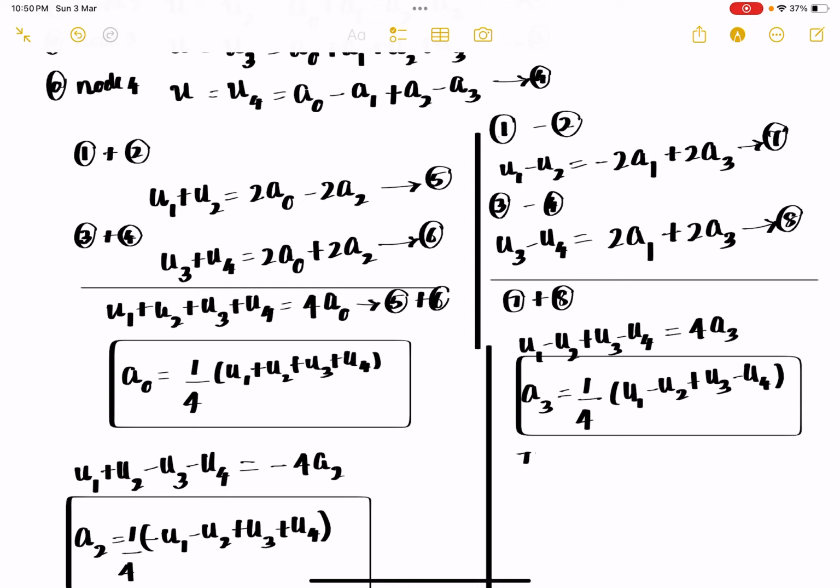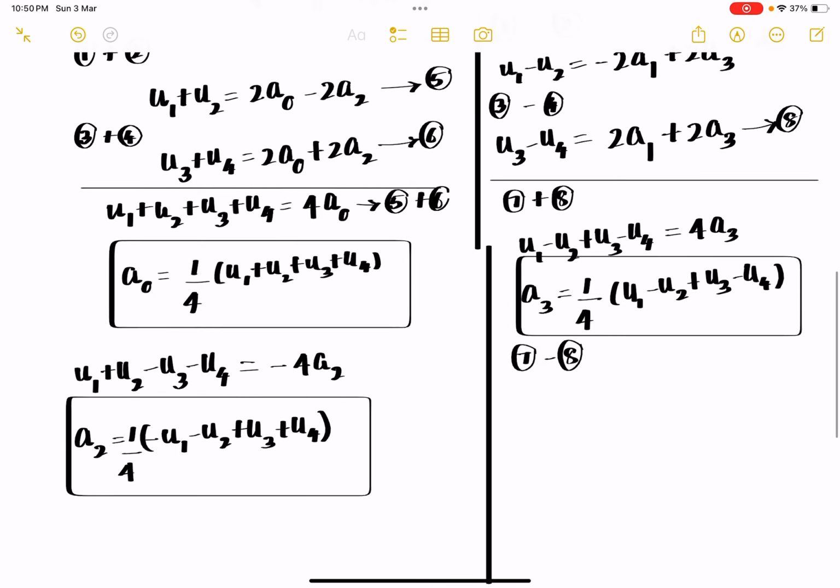All right then. I can now subtract 7 and 8. Let me see what comes if I subtract equation number 7 and 8.